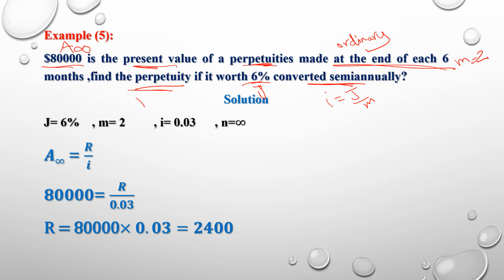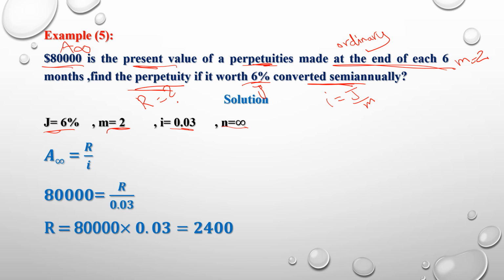R is missing, and you have to find the value of R. And as this is a perpetuity annuity, the present value of these annuities, A infinity, equals R over I. And from this example, we get J equals 6%, M equals 2, and I equals J over M, which means 3%, and N equals infinity.